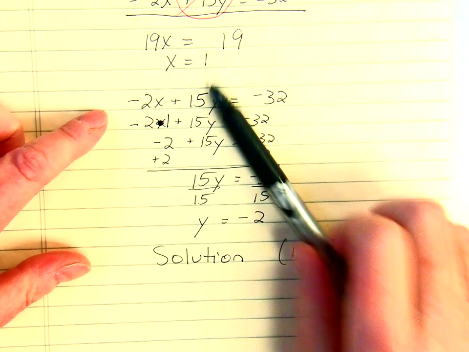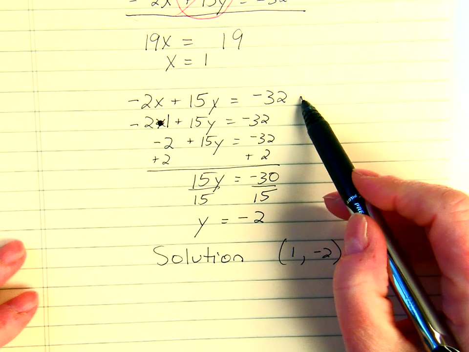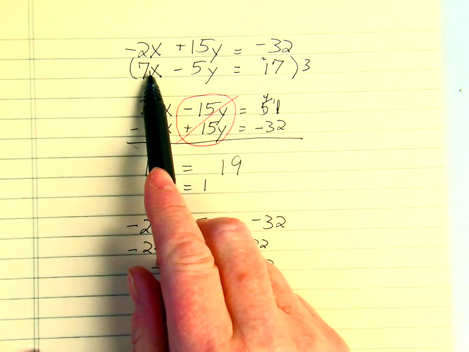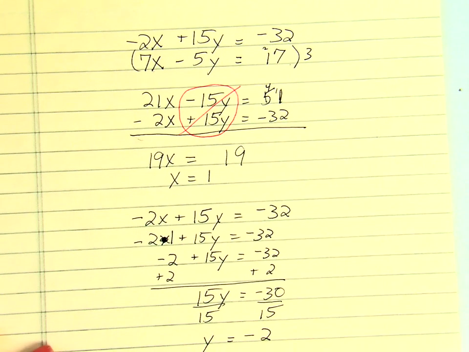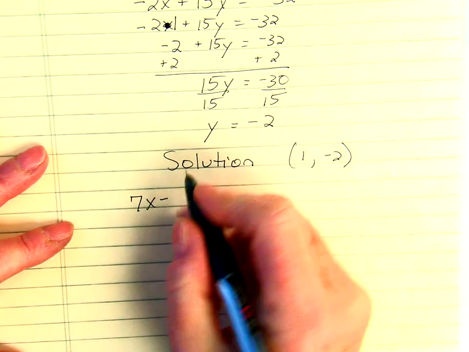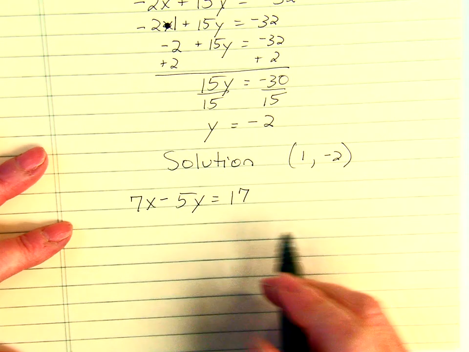Okay, so having used this equation, I'm going to go back up, and now I'm going to use this equation to check my work. So 7x minus 5y equals 17.